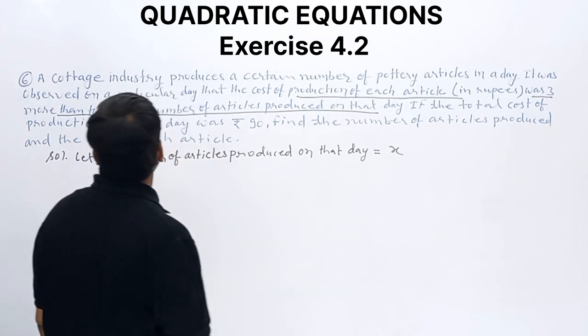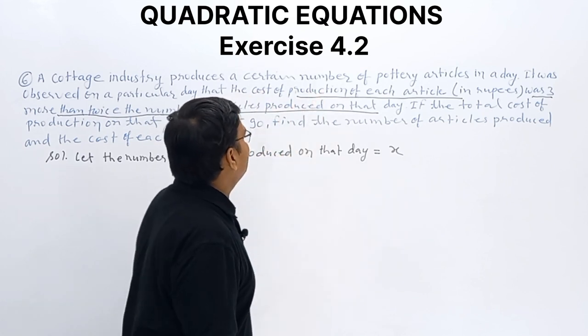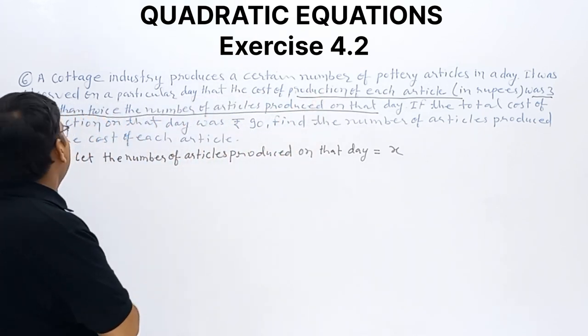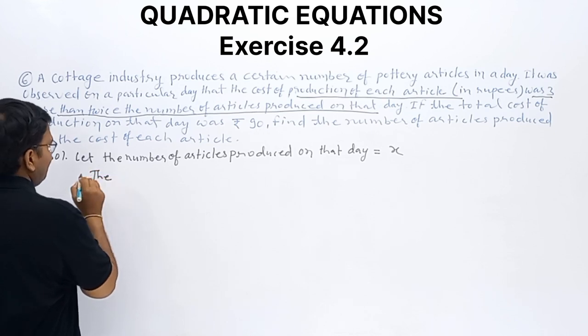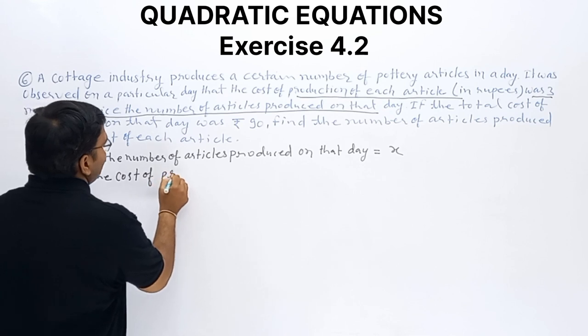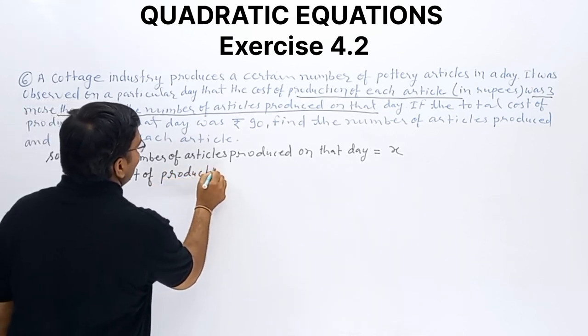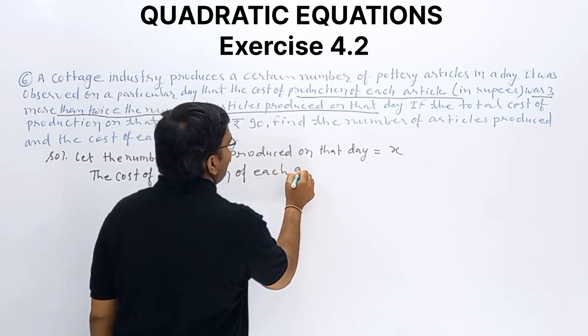Clear? Then we can write the cost of production. The cost of production of each article, it is given.